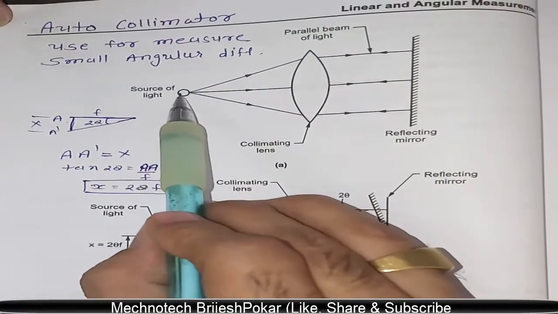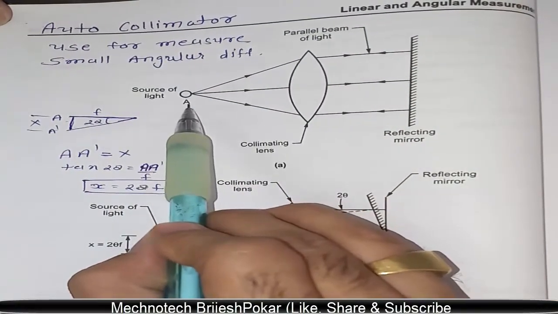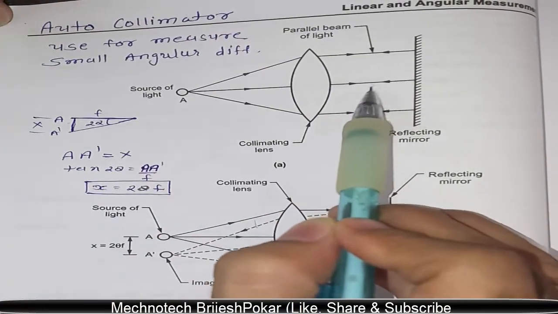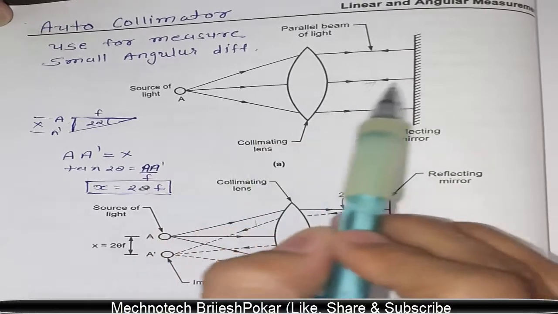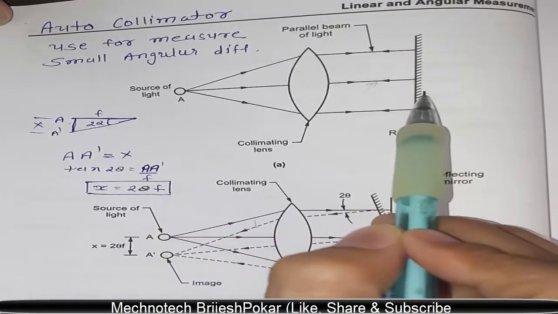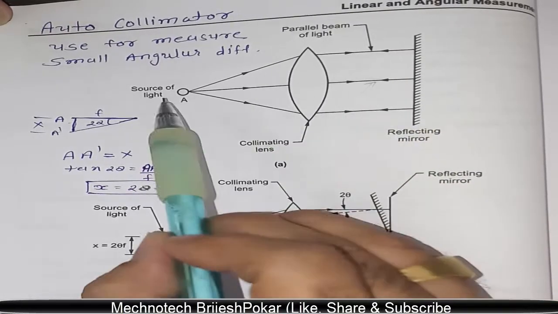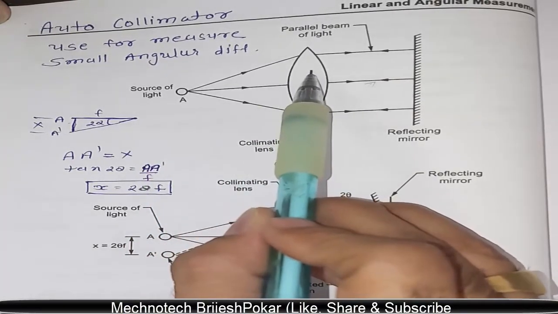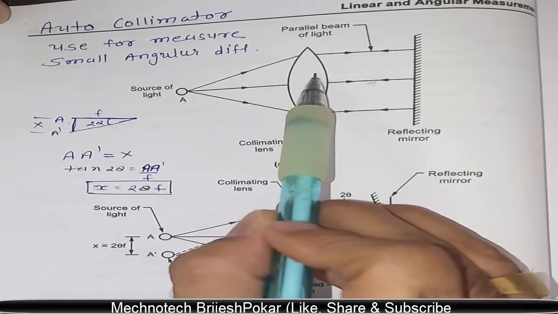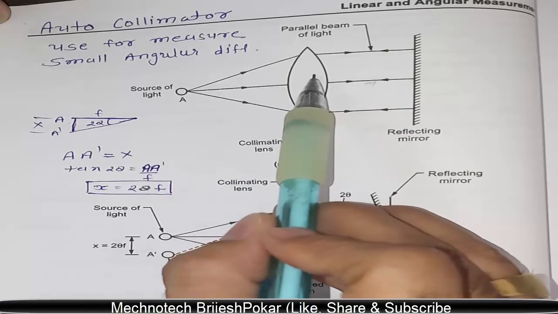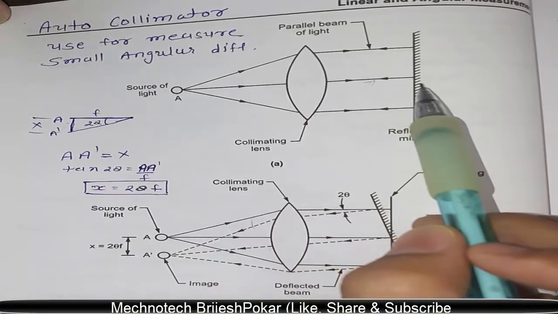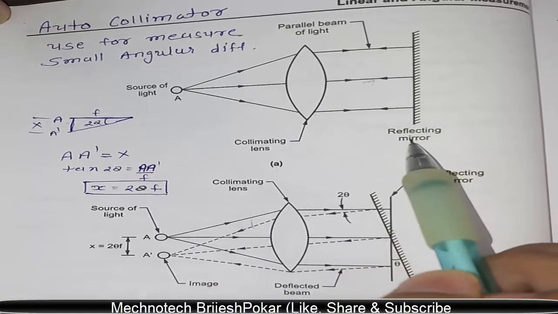So here this is a source of light, this is a collimating lens, and this is the ray of this light source, and this is the reflecting mirror. From the source of light, rays are incident on the collimating lens, and then they impinge on the reflecting mirror.